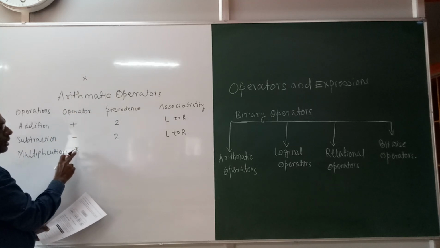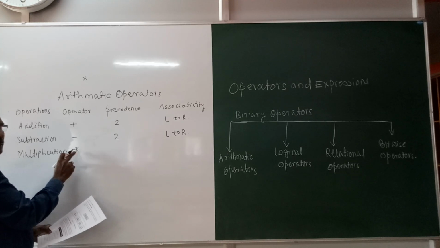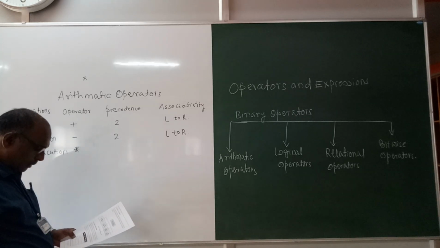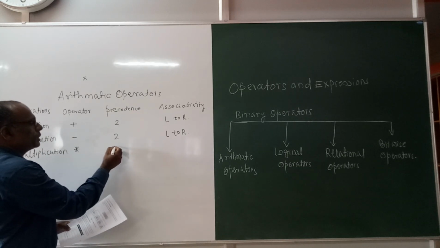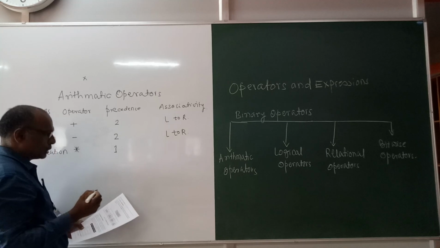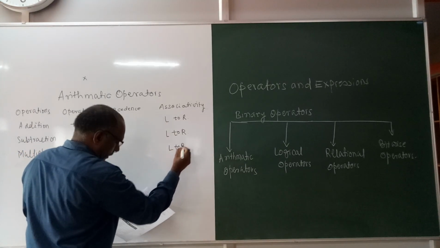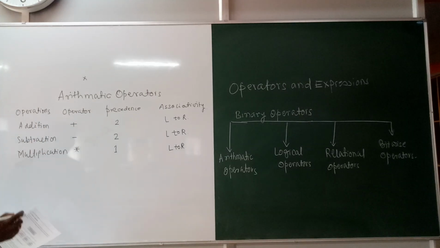In C language, the multiplication operator is an asterisk. We have used it as a special character in the form of punctuation. Its precedence, say it is 1, left to right. Associativity.